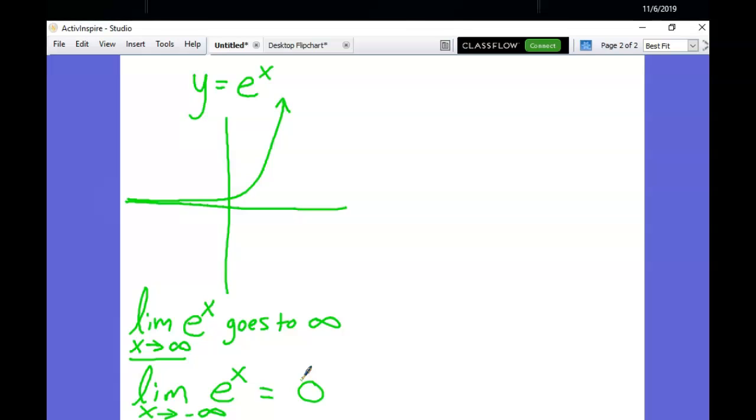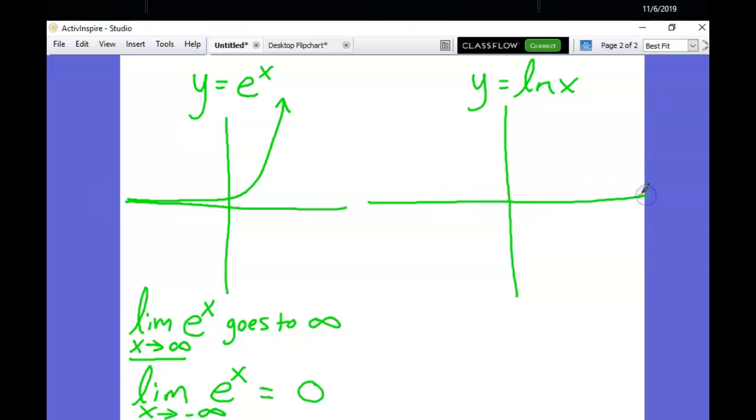Let's also consider the graph of ln of x. All log functions kind of look the same. They have a vertical asymptote at 0, and then they kind of shoot off that way. So considering that, what is the limit of ln of x as x approaches infinity?